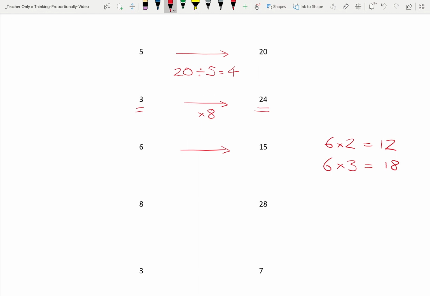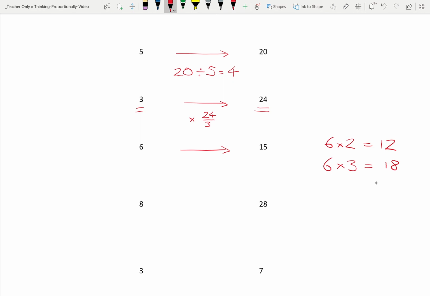But we can do this in a different way. Instead of saying it's 8, we're actually writing 24 divided by 3 as a fraction. 24 divided by 3, 24 over 3 is a fraction. This is 8.